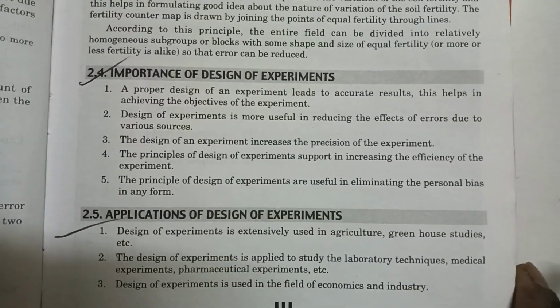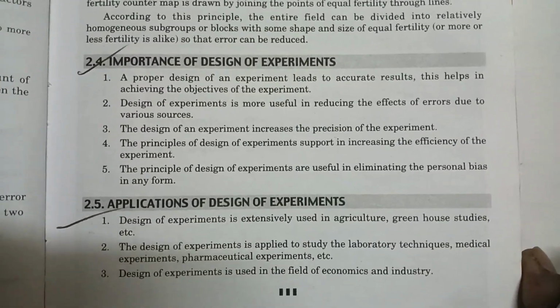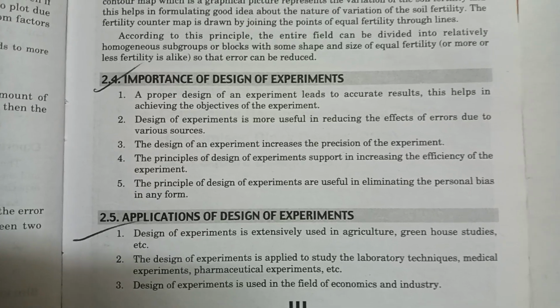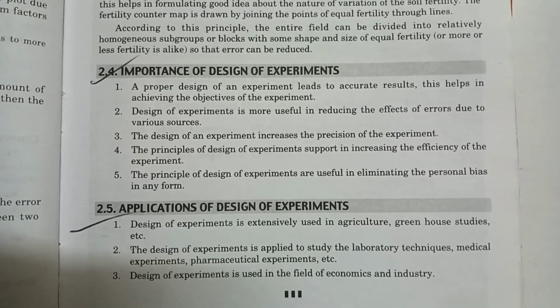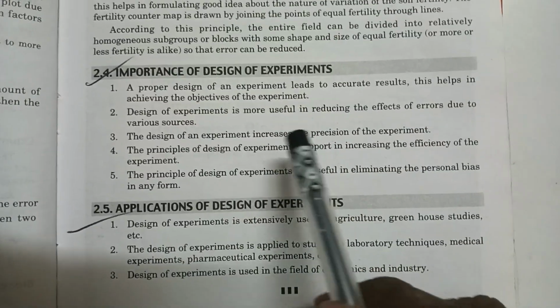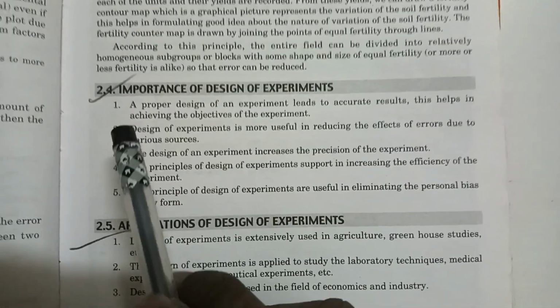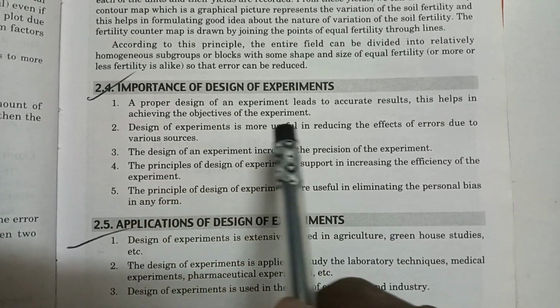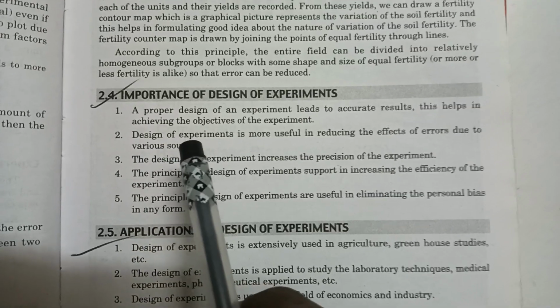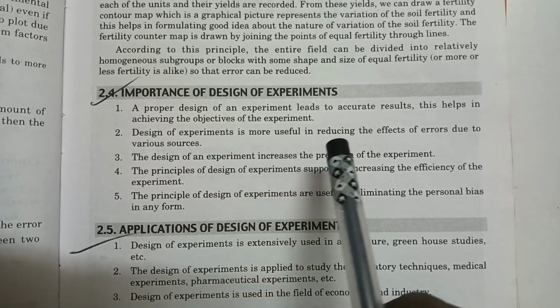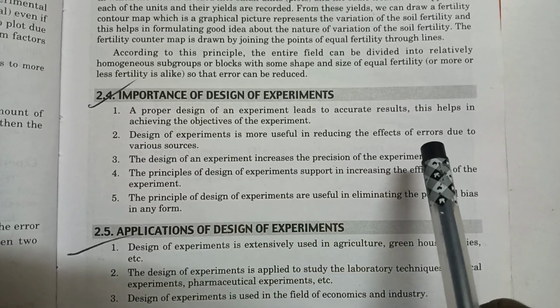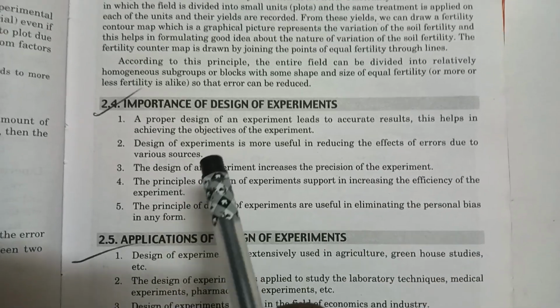Next, the importance of designs of experiment. A proper design of an experiment leads to accurate results. This helps in achieving the objectives of the experiment. Design of experiments is more useful in reducing the effect of errors due to the various sources.